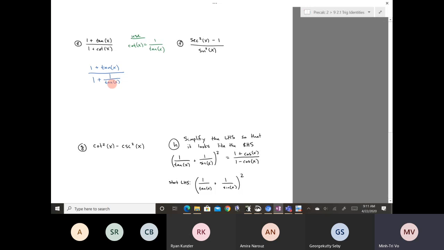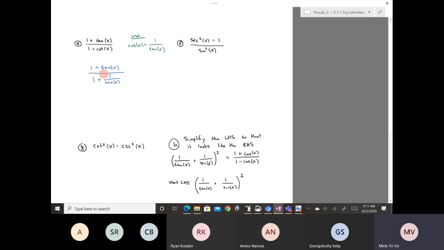Everything is in terms of tangent, and now I have to simplify this. So what can I do? I have a fraction inside a fraction, so I can look to find the common denominator. There's only a single denominator, tangent, so that has to be the common denominator.